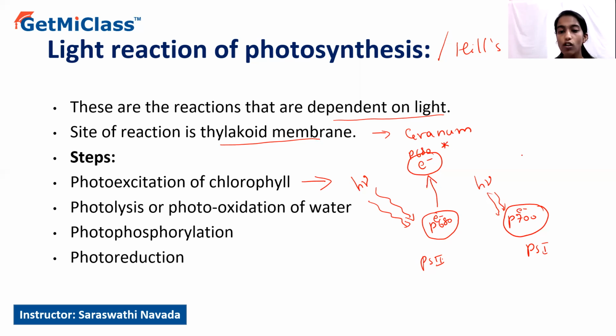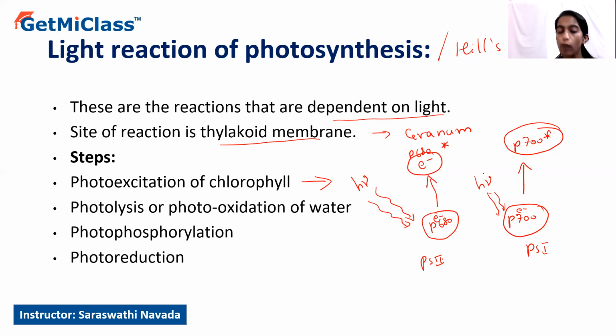The same happens in photosystem 1 also. It contains an electron that has been excited to a higher energy level. This process is called photoexcitation of chlorophyll molecule.